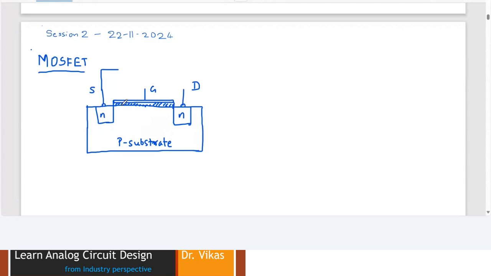Now, because this is an N well, the source and drain have N type contents. That means for sure there will be an N channel that is going to form. And to ensure the N channel is formed, I should have a positive voltage towards the gate. That means my connectivity should look something like this. And this is my VGS.